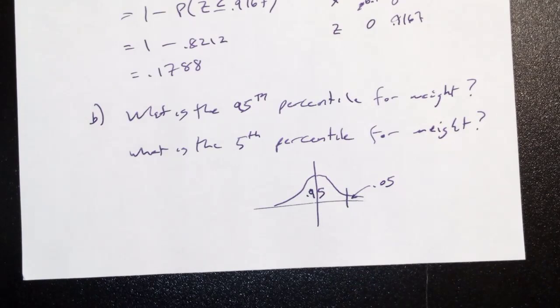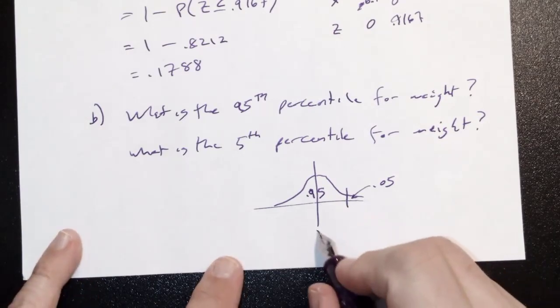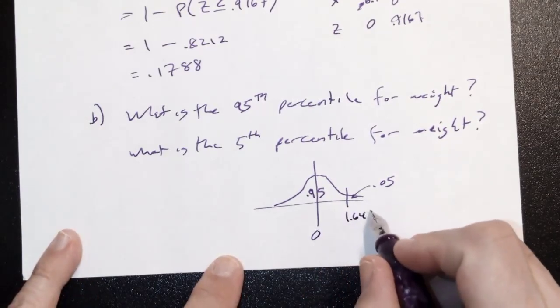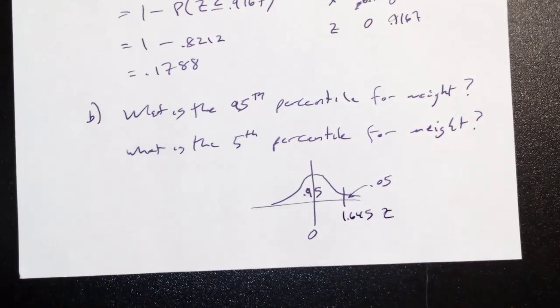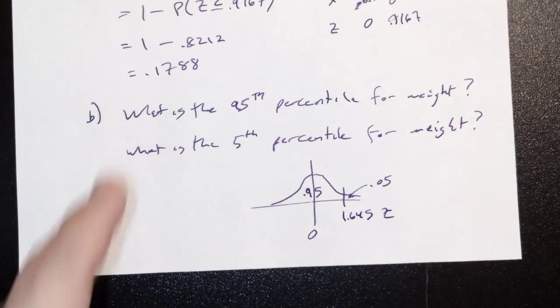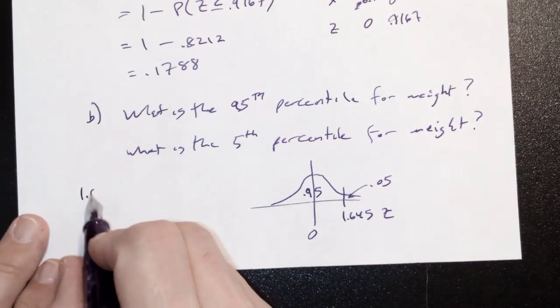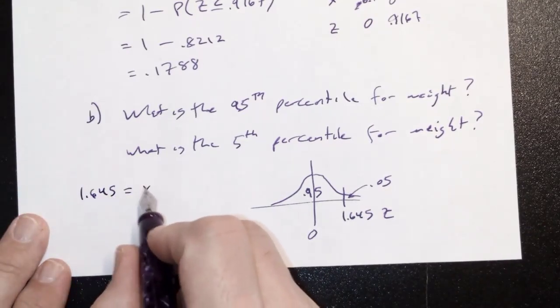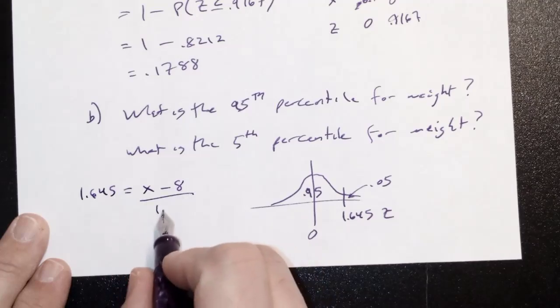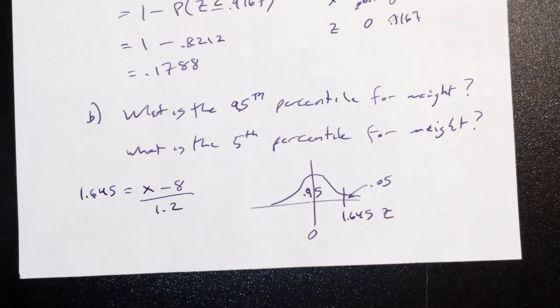What was the z-score that we came up with for this mark right here? Right. If this is 0, then this was 1.645 as a z-value. Oh, so to find the 95th percentile, I have to solve that for x.